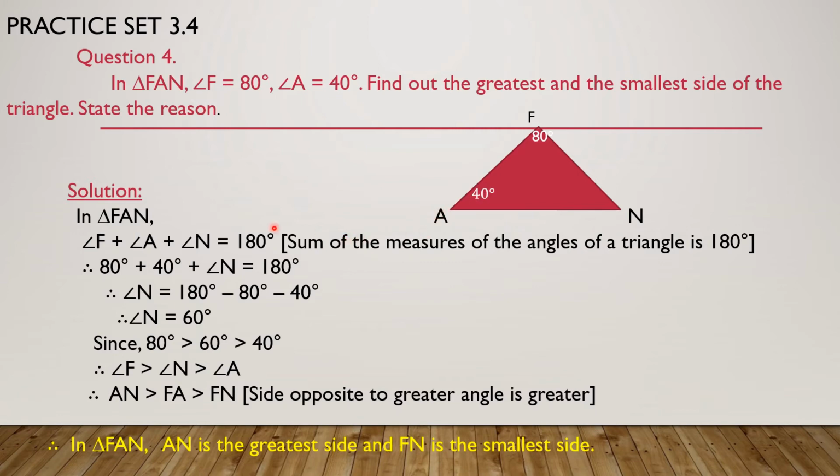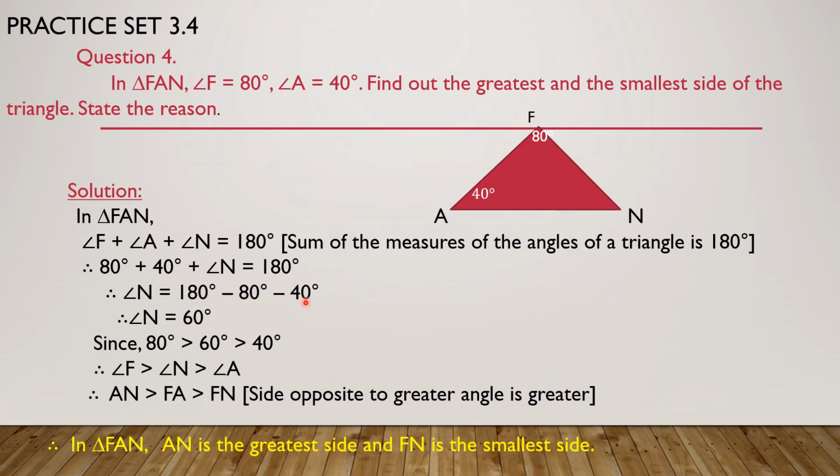Solution. In triangle FAN, angle F plus angle A plus angle N is equal to 180 degrees. That is, the sum of the measures of the angles of a triangle is 180 degrees. Therefore, 80 degrees plus 40 degrees plus angle N is equal to 180 degrees. Angle N is equal to 180 minus 80 minus 40.